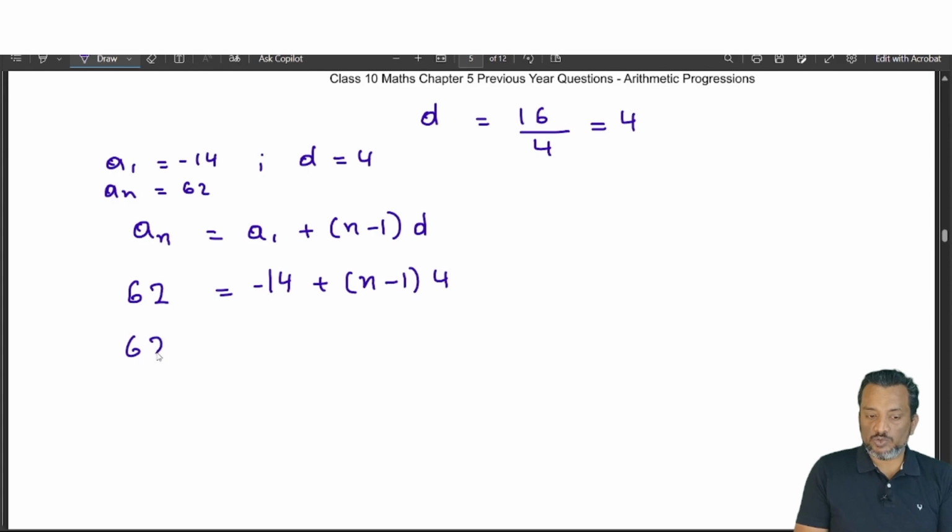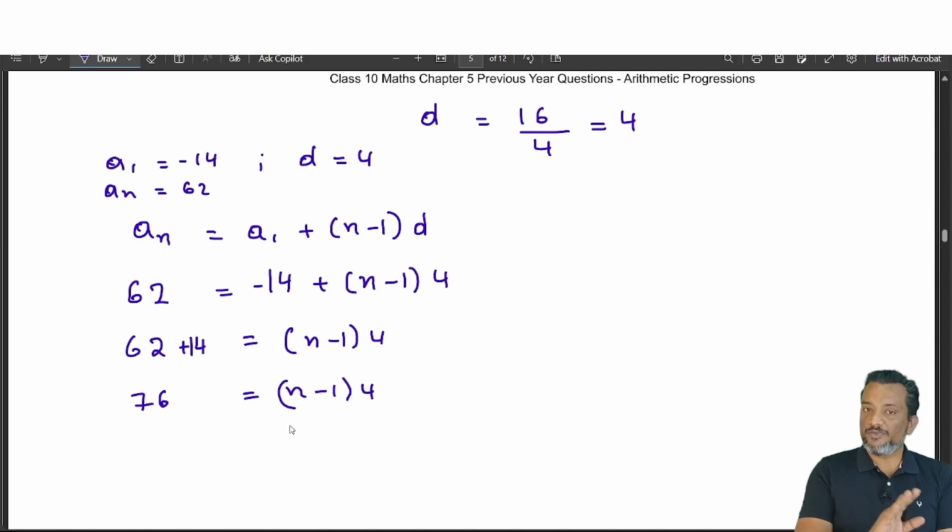So 62 plus 14 is equal to n minus 1 times 4. So you can add this: 4 plus 2 is 6, and so 76 is equal to n minus 1 times 4. Now bring the 4 from right side to left side. So 76 divided by 4 is n minus 1.